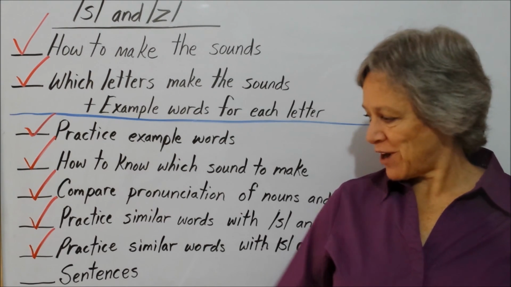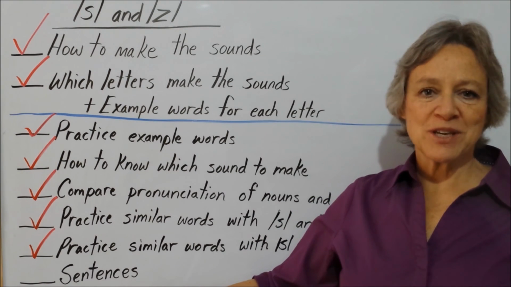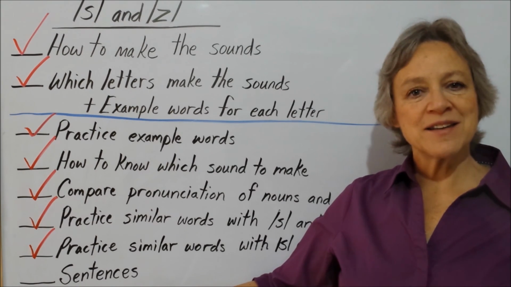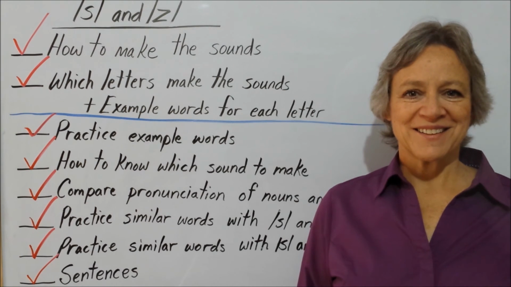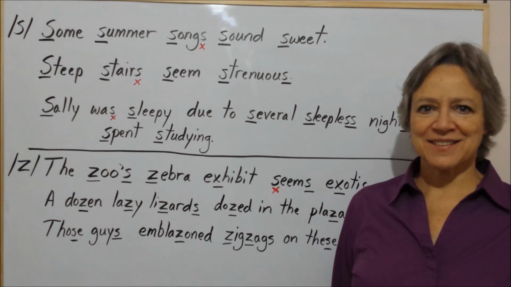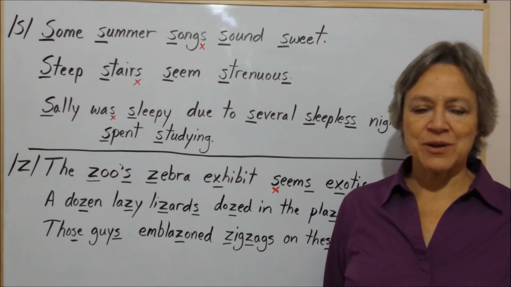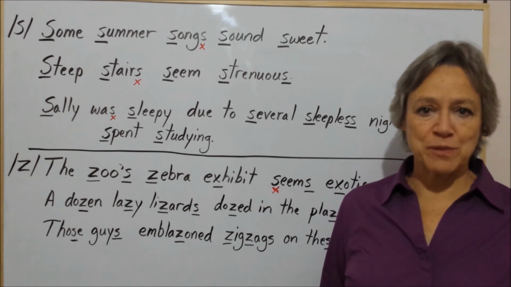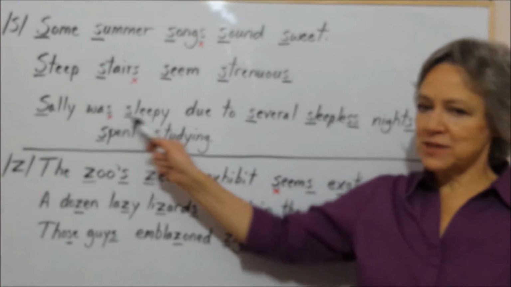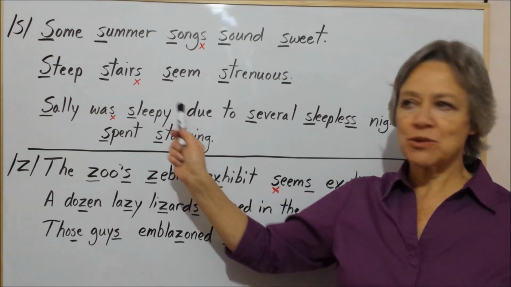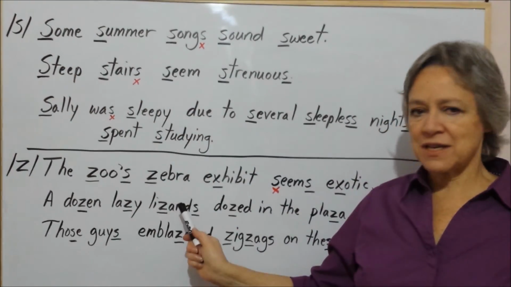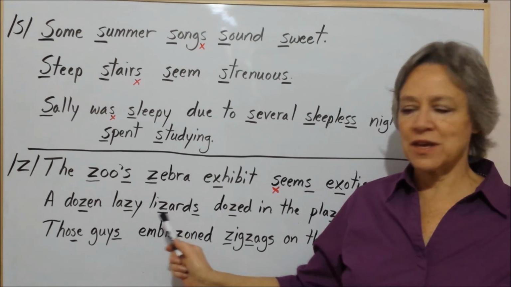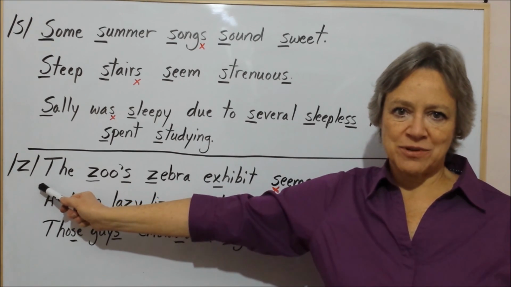Finally, it's time to practice some sentences using the sounds S and Z. Let's go. I'd like to look at some sentences now containing words with the sounds that we've been looking at. These three sentences have many words with the S sound, and these three sentences have many words with the Z sound.